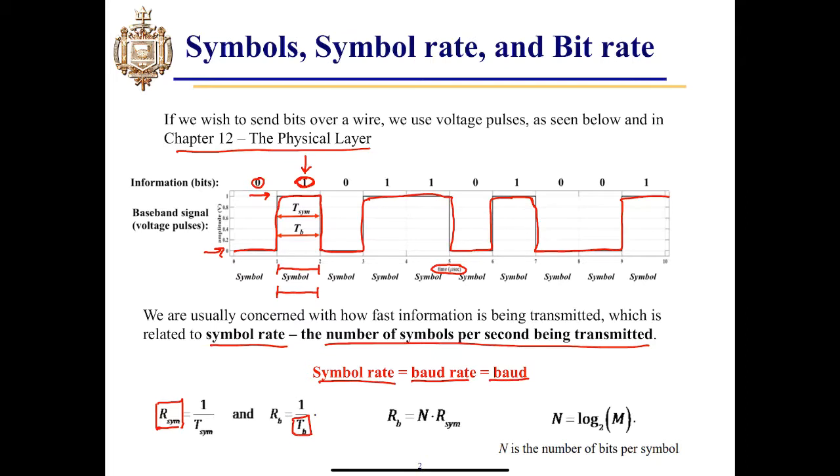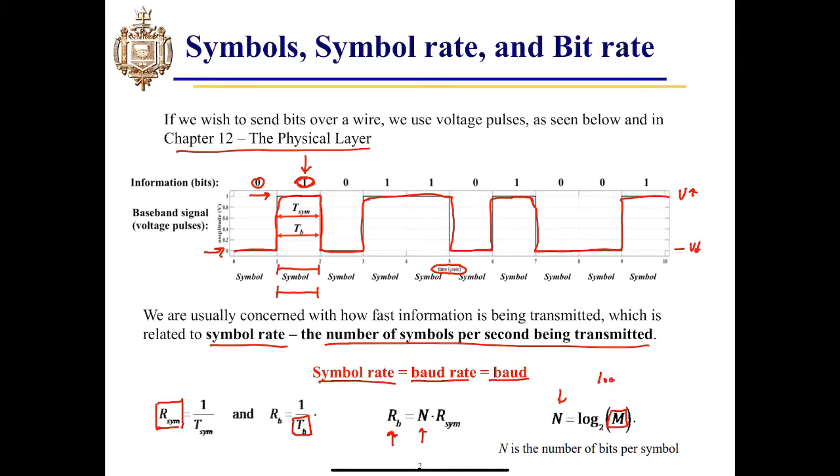In later examples in this lecture, we're going to get into more complicated waveforms where we might have more than 1 bit represented by each symbol. Bit rate is equal to n times the symbol rate, where n is the number of bits per symbol, and M is the number of symbols. In this easy example, we have a high voltage and a low voltage, so two different symbols.